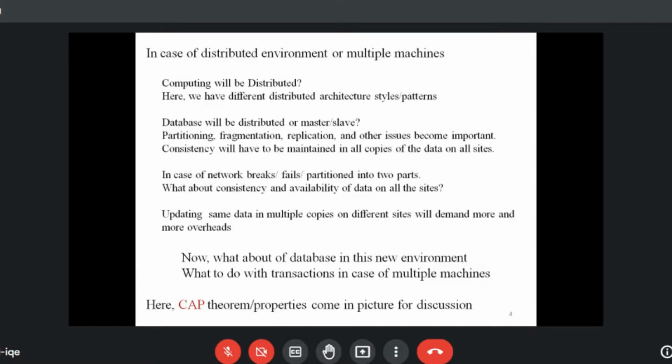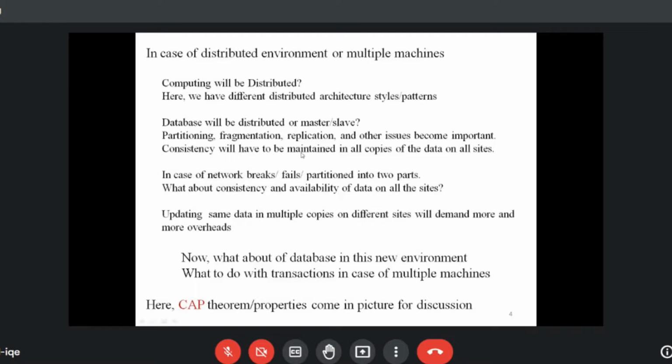So a lot of extra work will have to be done here just to maintain consistency of one data value. And updation is also very frequent. Then it takes a lot of computation because the network is involved here.